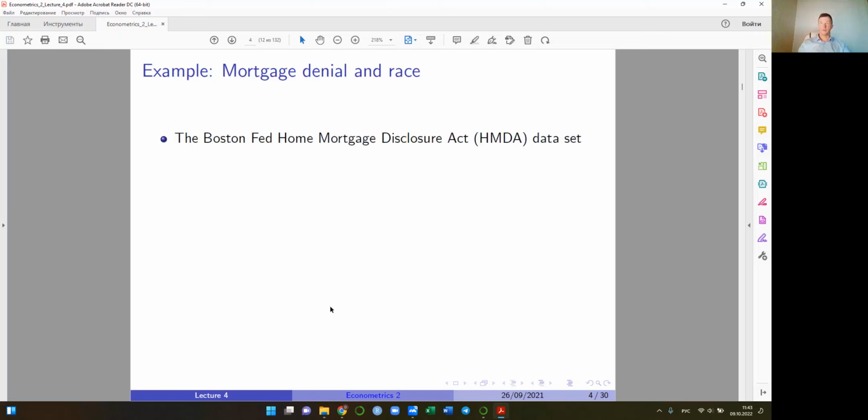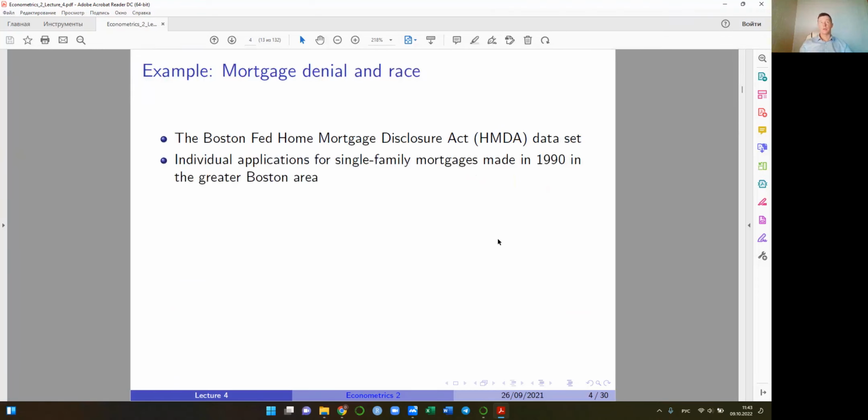For this lecture, we will be using the empirical example of the Boston Federal Home Mortgage Disclosure Act, which contains individual applications for mortgages made in 1990 in Boston area.